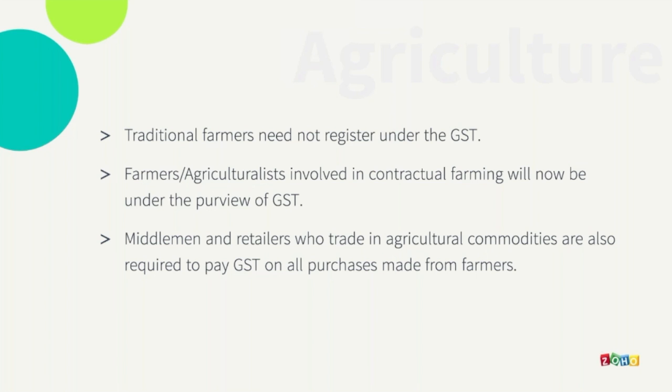So, these kinds of people are now going to come under the purview of the GST. And this shift will actually affect many multinational fast food chains as they are now required to pay GST on all the purchases that they make from these farmers. This can subsequently affect your bill when you order that burger or that pizza after July 1 this year.